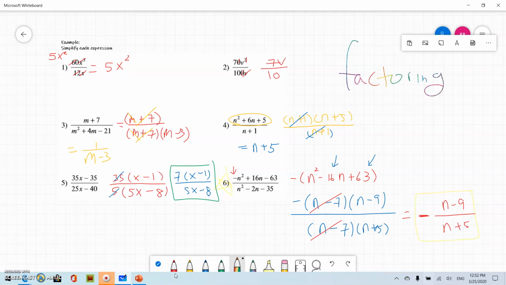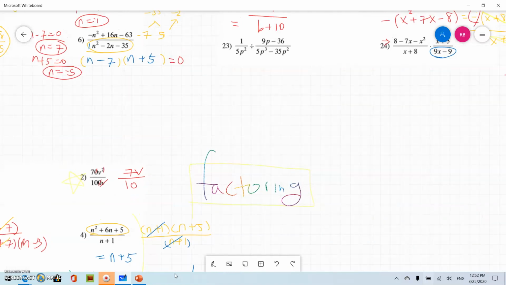The only time you can cancel things out without factoring is when there is no plus or minus. Do you see number 1 and 2? In 1 and 2, there is no plus or minus like in any other numbers. That's why factoring wasn't required. But as soon as you see plus or minus, like in all the other examples, you must go to factoring first. Don't do anything until you factor.